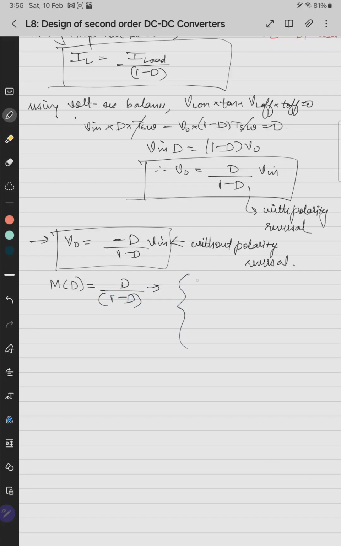If D is between 0 to 0.5, it will act as a buck converter. If D is between 0.5 to 1, it will act as a boost converter. This we can verify easily by putting any value of D less than 0.5 and another greater than 0.5.